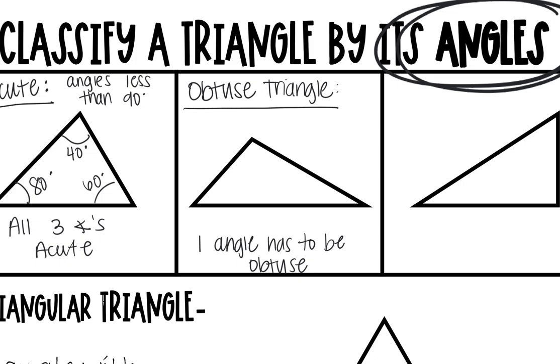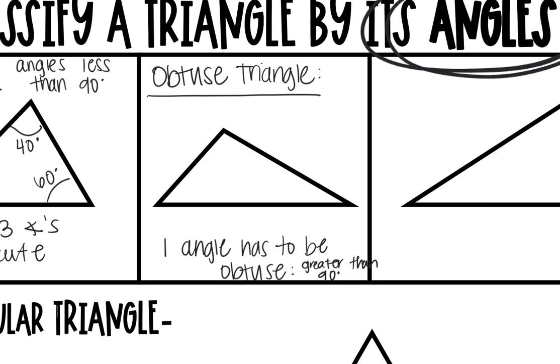Well, one of the angles has to be greater than 90 degrees. Okay, so obtuse means greater than 90 degrees. Greater than, bigger than. So I can say that this angle at the top is my obtuse angle, and it's, let's say, 120 degrees. Just one of them has to be greater than 90, and we can call this triangle obtuse.